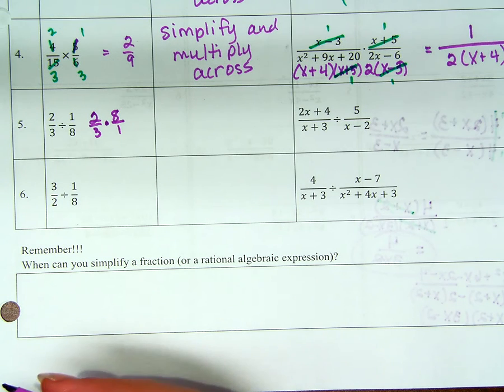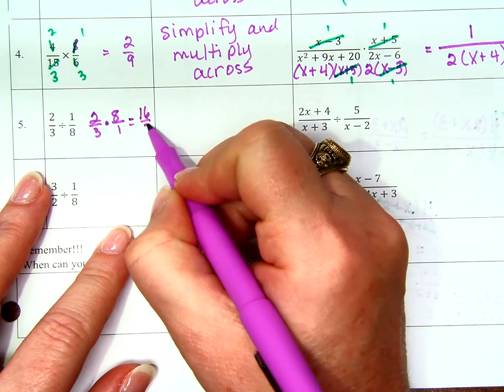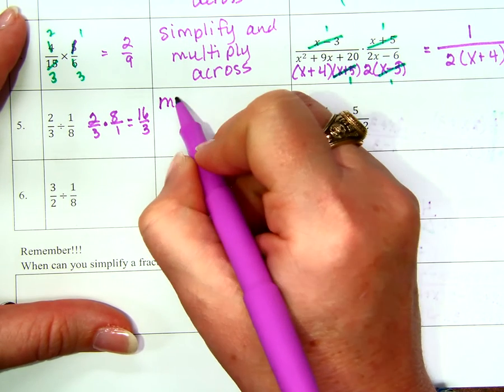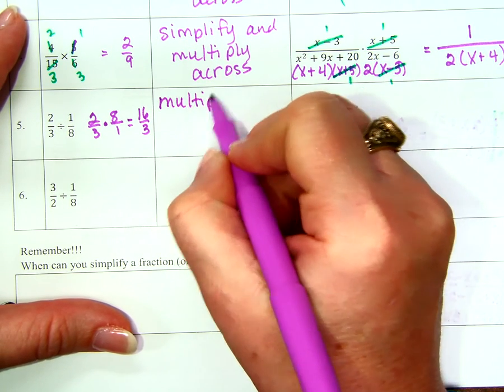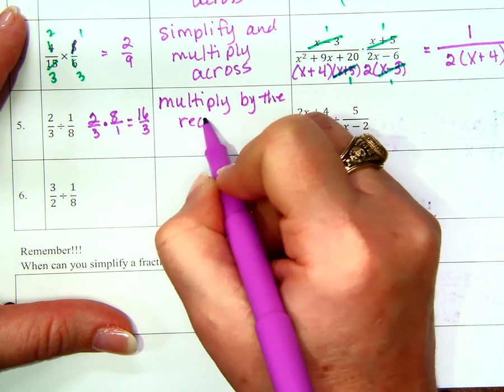So why don't we do that? What do we get? 16 over 3. What steps did we take? Multiply by the reciprocal.